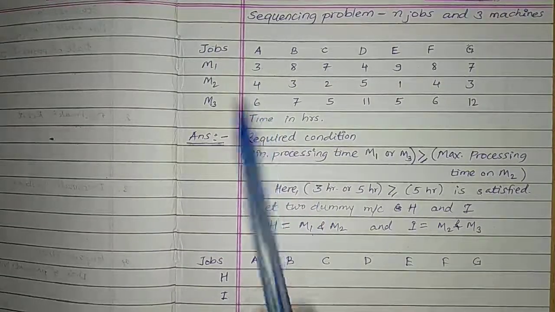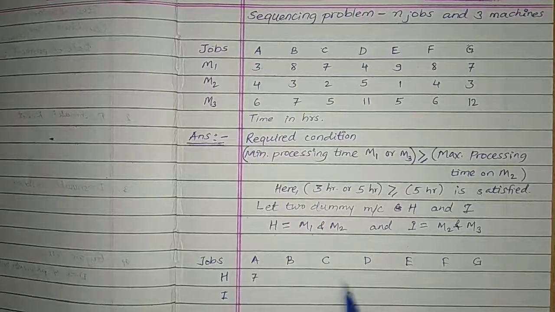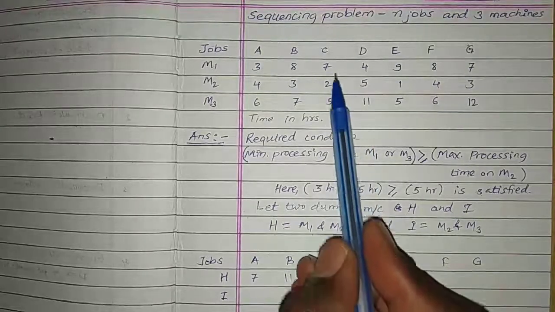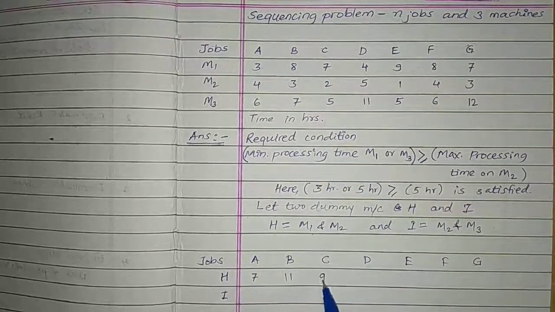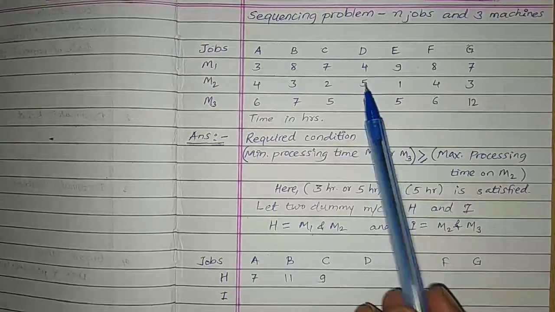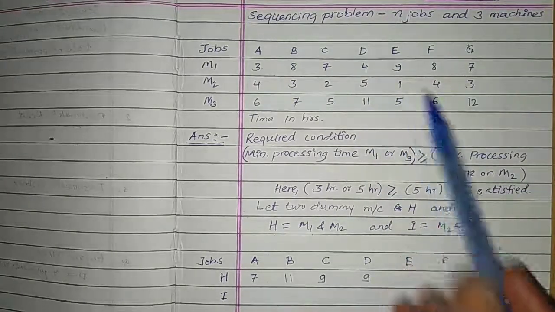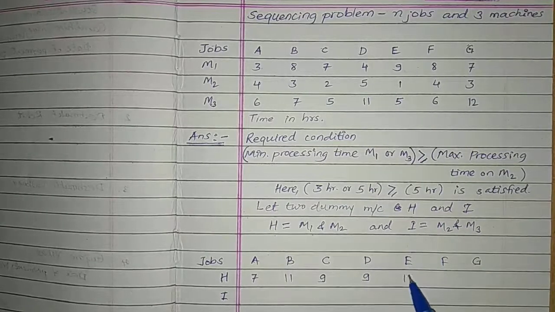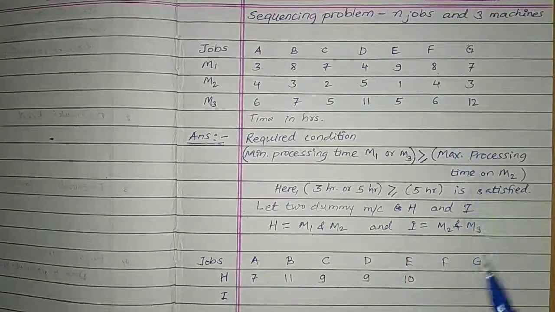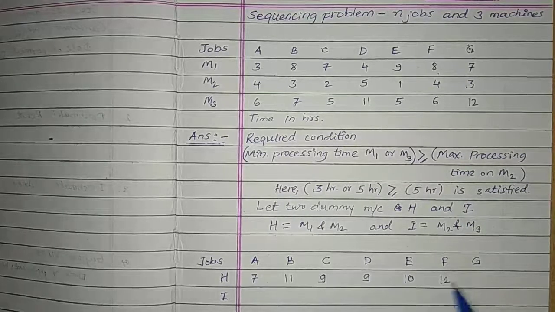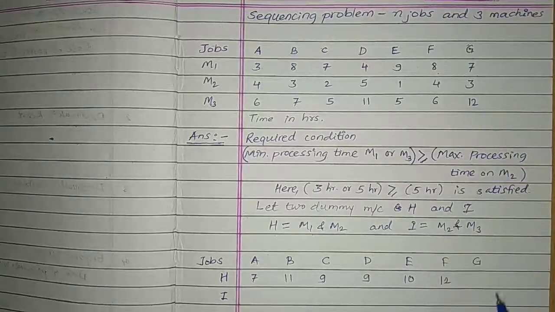So 3 plus 4, 7; 8 plus 3, 11; 7 plus 2, 9; 4 plus 5, 9; 9 plus 1, 10; 8 plus 4, 12; 7 plus 3, 10.